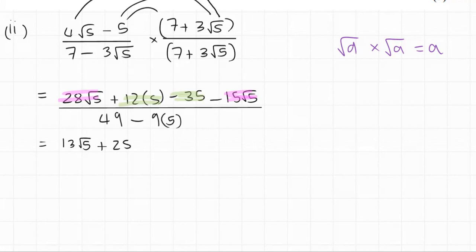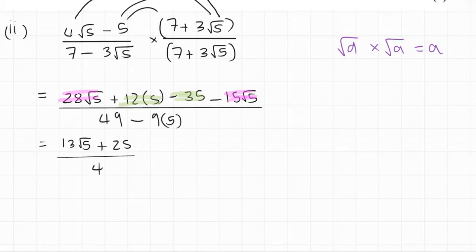All over 49 minus 9 times 5. You're not supposed to use your calculator, so 9 times 5 would be 90 divided by 2, so 45. And 49 minus 45 is 4.